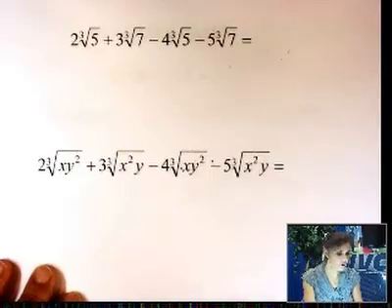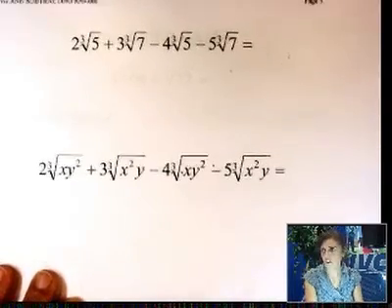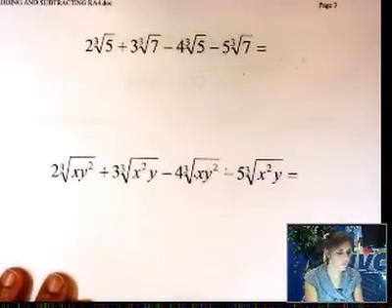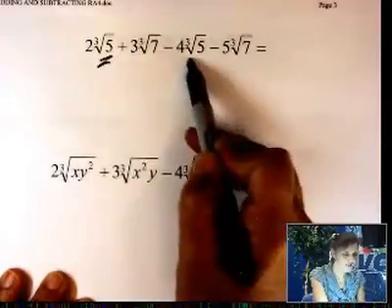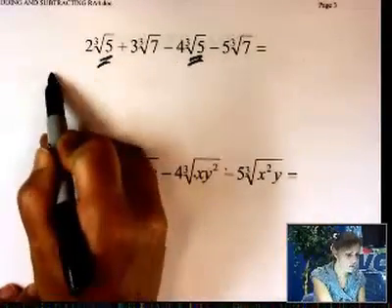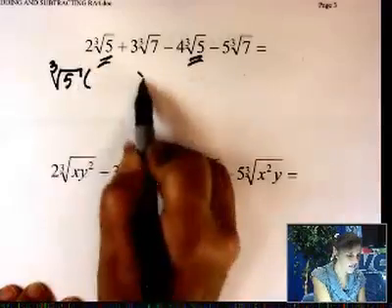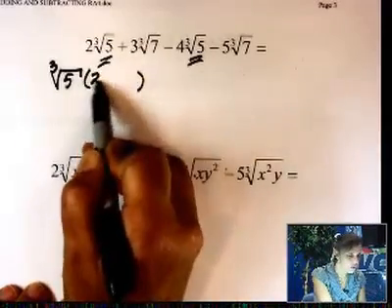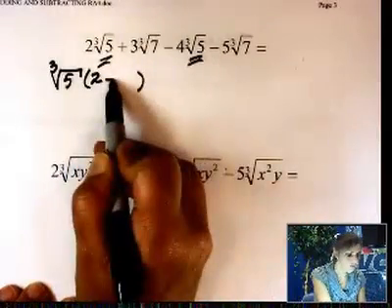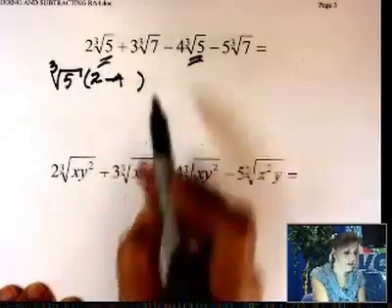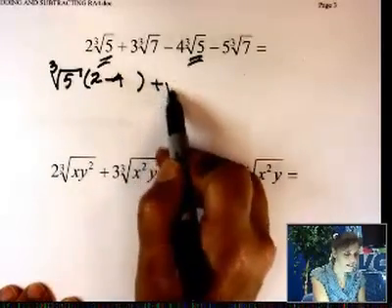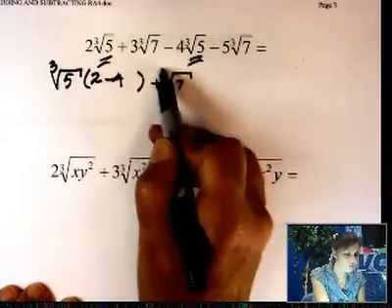Okay, what you need to do is look for like terms, just like you do with polynomials. You have cube root of 5, cube root of 5. Pull that out. What do you have left? You have a 2, and then you have a negative 4. Now, let's pull that cube root of 7 out.